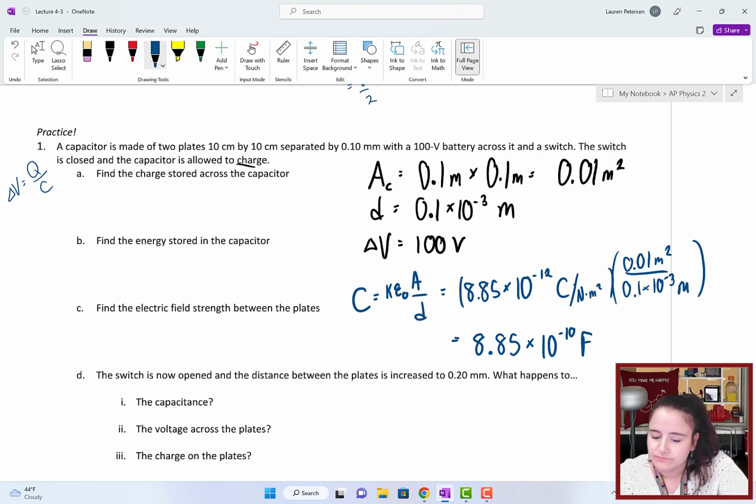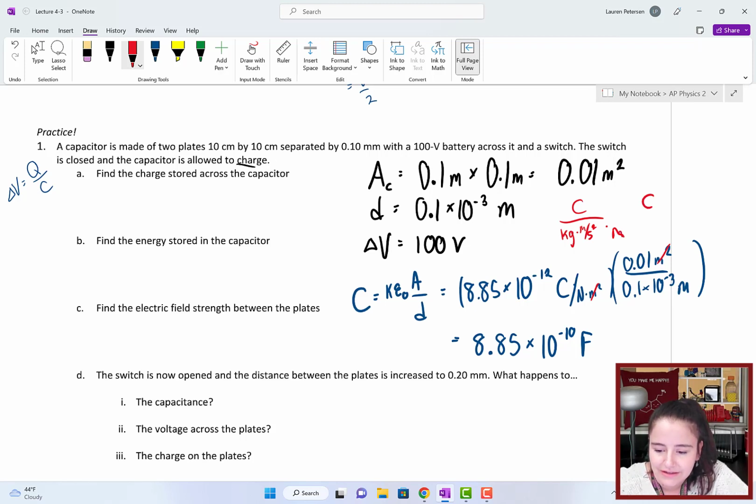Okay, now if you're interested in how those units work out, we got the meters squared canceling out with the meters squared. So that gives us a capacitance per Newton, which is a kilogram meter per second squared times another meter there on the bottom.